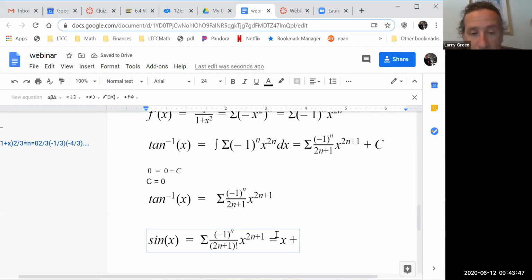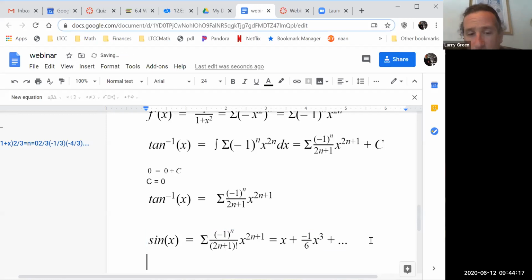If n is 1, you get -1 over, 2 times 1 plus 1 is 3, 3 factorial is 6, x cubed. Plus, dot, dot, dot.